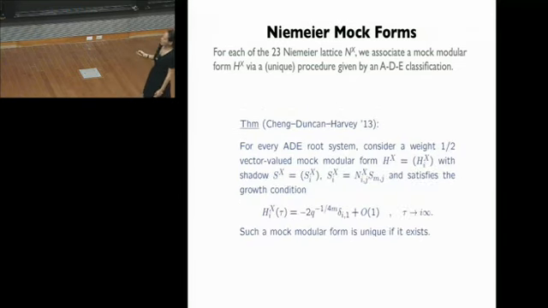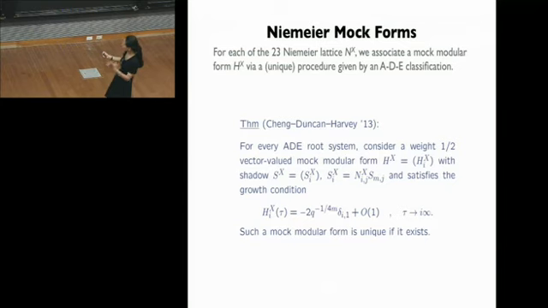For every ADE root system, consider a weight-half vector-valued mock modular form with the shadow given by, on the one hand, this universal theta function that naturally comes out from studying meromorphic Jacobi forms, combined with the ADE matrix.